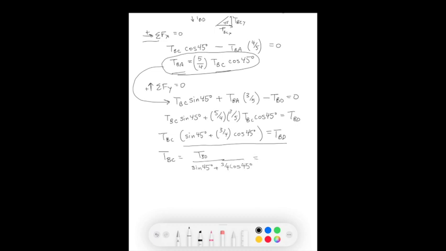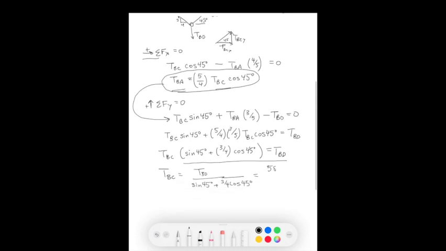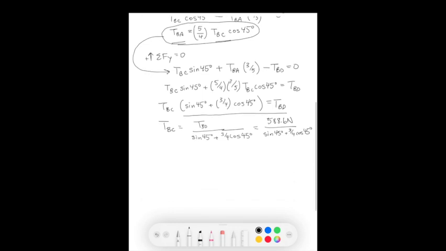And I plug in what we know. We know that TBD, which we solved for already, is equal to 588.6 newtons. And divide by all of this. When I do that, I find that TBC is equal to 475.7 newtons.